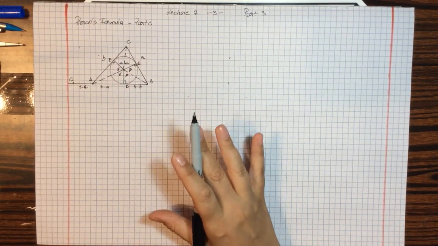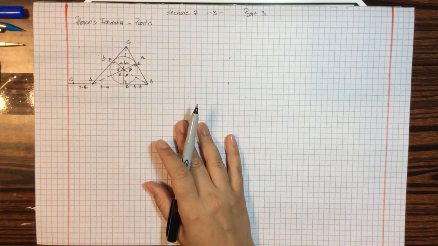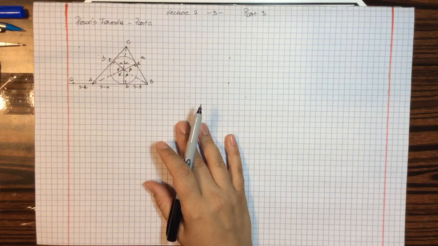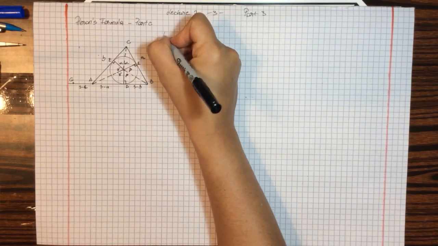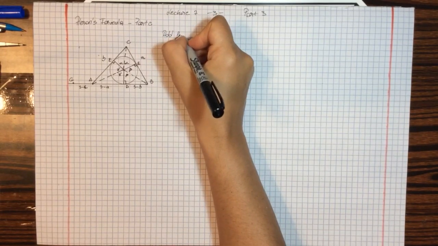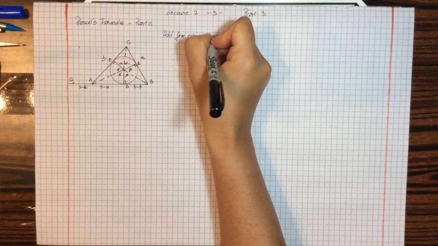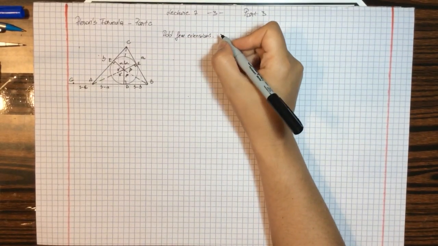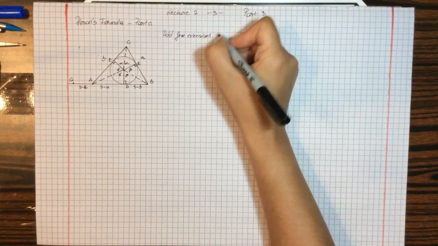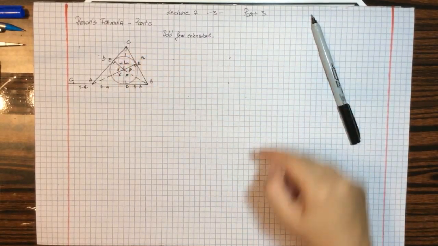Now I'm going to begin again with the triangle ABC, and we are going to add a few extensions. Alright, so the first thing we do, I am going to draw a perpendicular with the line OB.